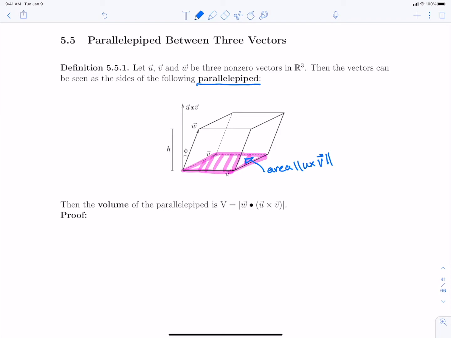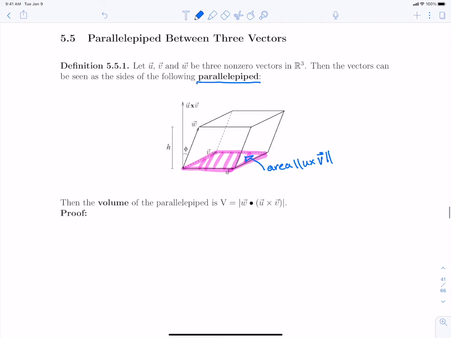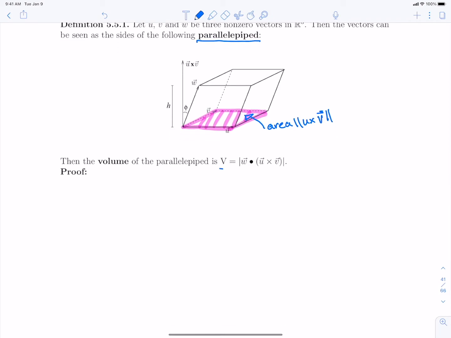So what we have here, though, is that our volume of this parallelepiped is going to depend on our height. And our height is going to depend on then the angle between W and the vector U cross V. So we're being told that our volume formula is equal to the absolute value of W dot U cross V. So let's see if we can prove that.